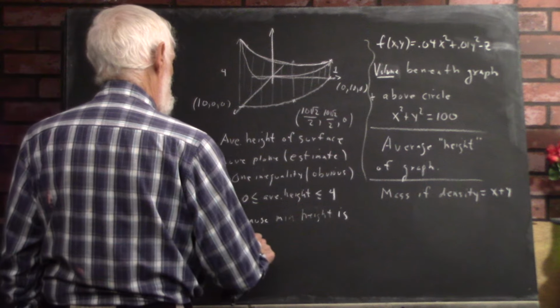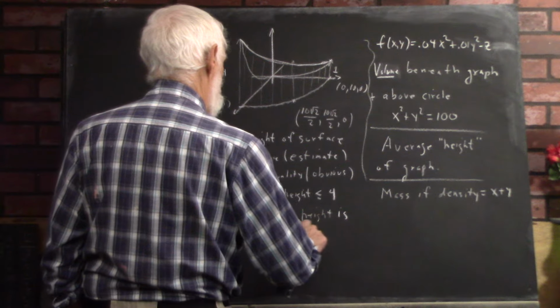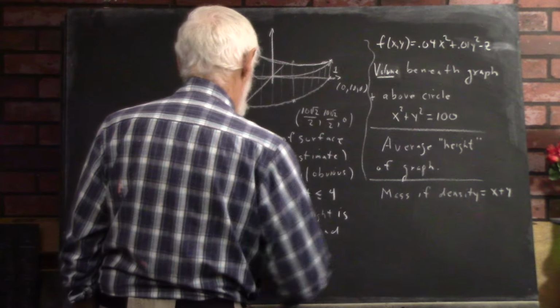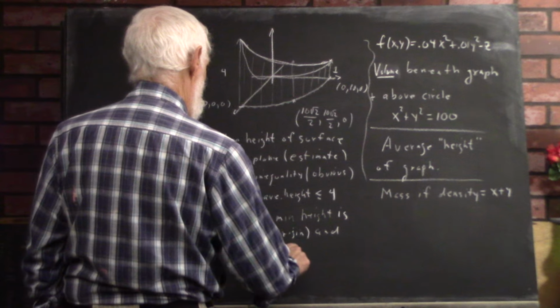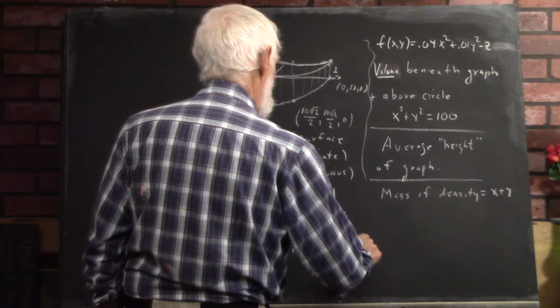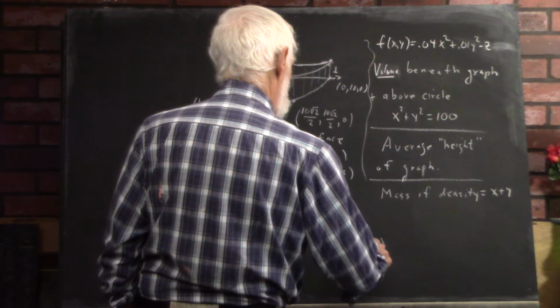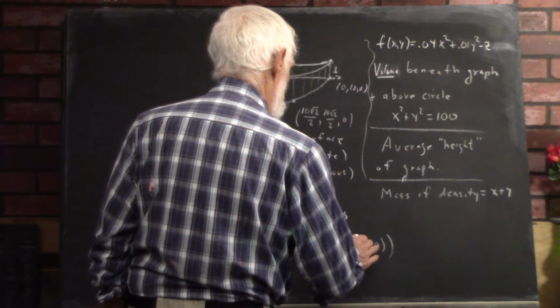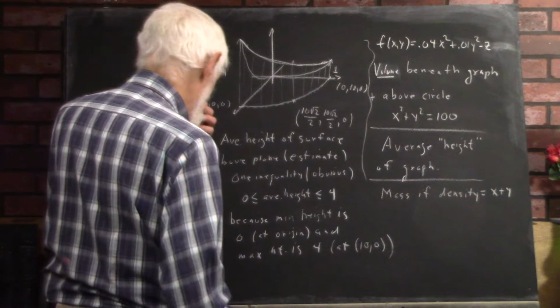Okay, because the minimum height is 0, that's at the origin. And the maximum height is 4. That's at the point (10, 0), the point (10, 0) in the xy plane.